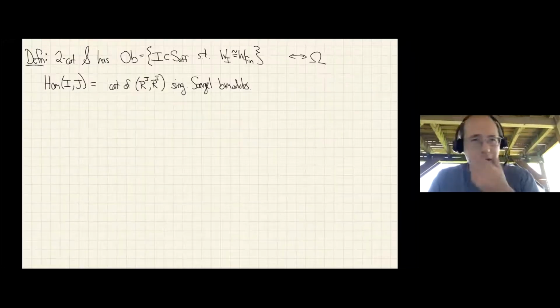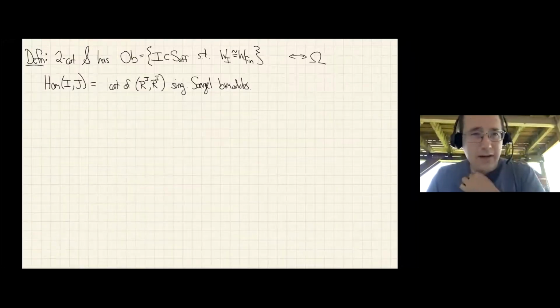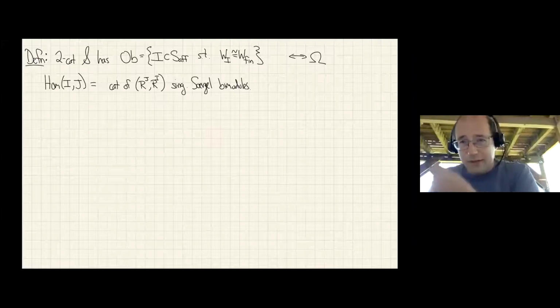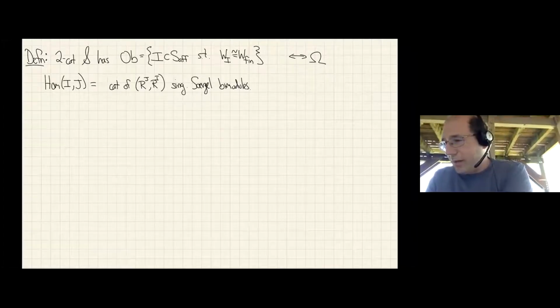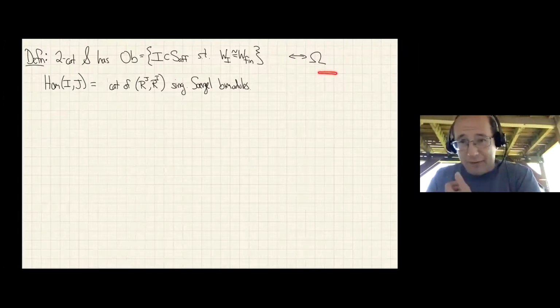Okay, so I'm going to define this category S on the other side of geometric Satake. It's got the same objects, so it's going to be Omega, but interpreted as those subsets of the affine reflections for which the corresponding parabolic subgroup is the finite Weyl group.